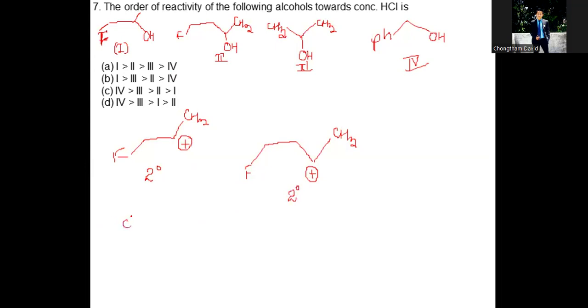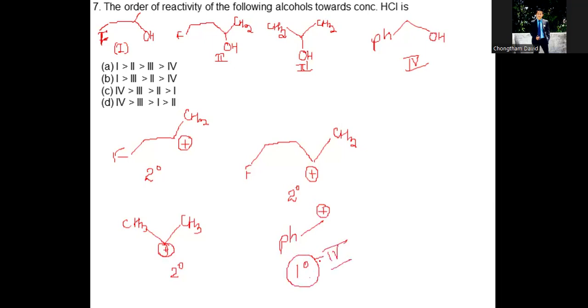And from structure number 3, you will now have another carbocation. This is also secondary. Let us see what kind of carbocation structure number 4 generates. From structure number 4, you will generate a primary carbocation. So this is from structure number 4.